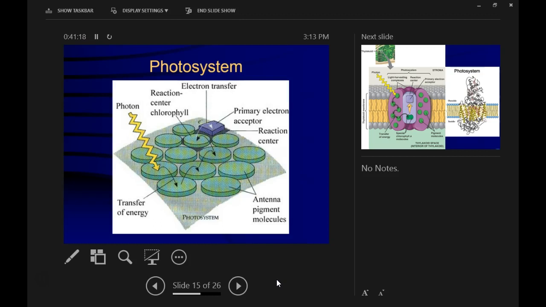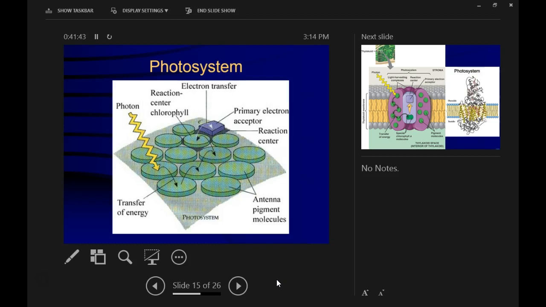So here it is, striking one of our little chlorophyll molecules. Now, what happens is that chlorophyll molecule absorbs that photon, and its electrons get boosted to a higher energy level. Stays like that for a split second and then drops back down.